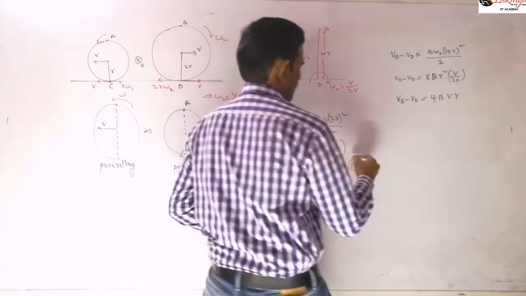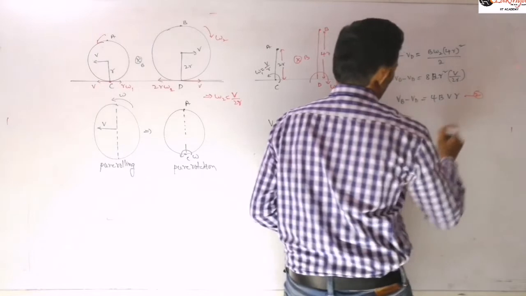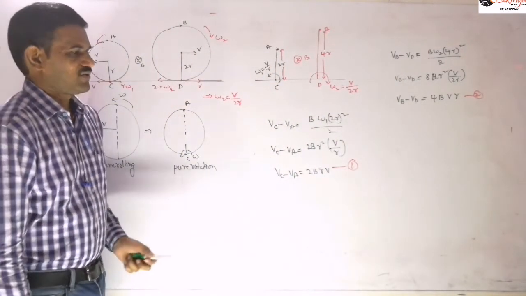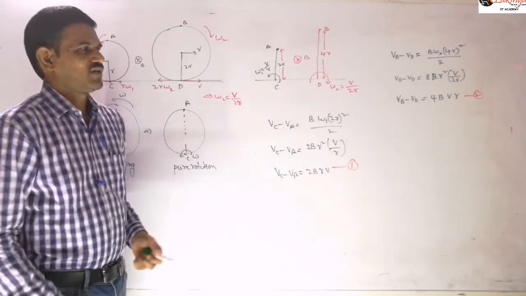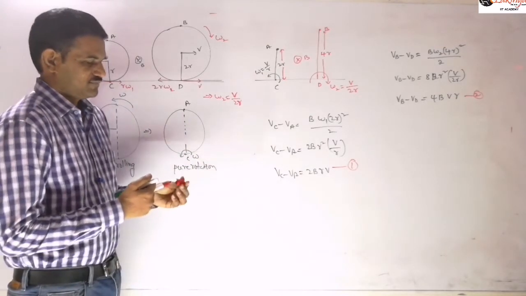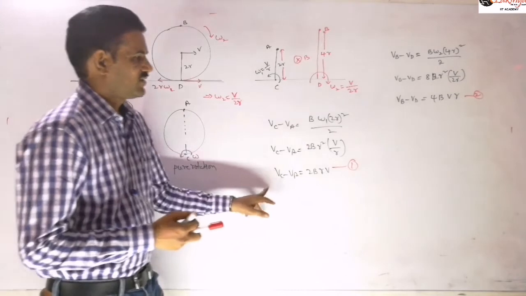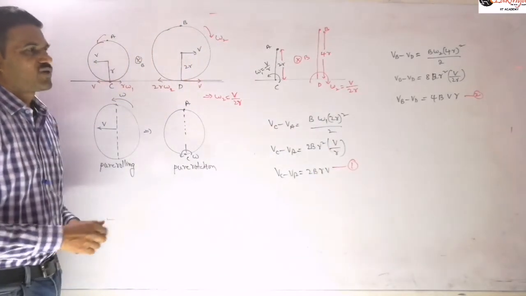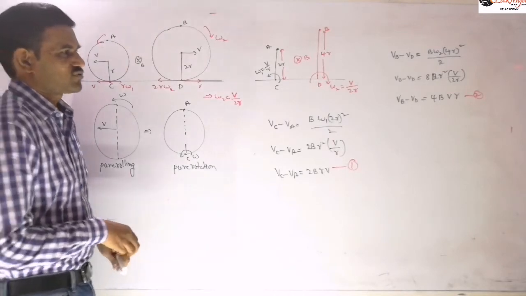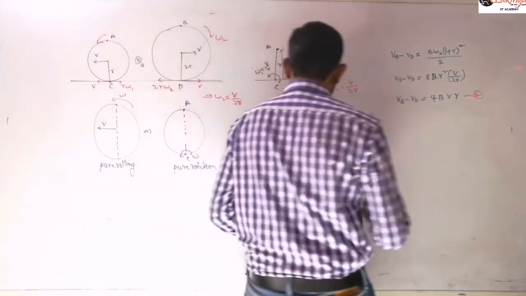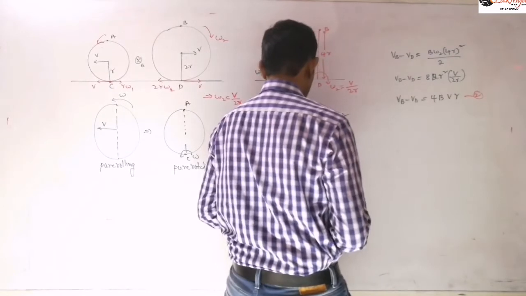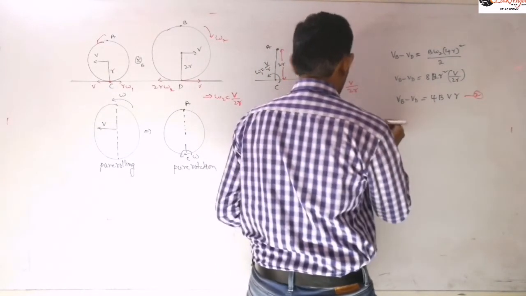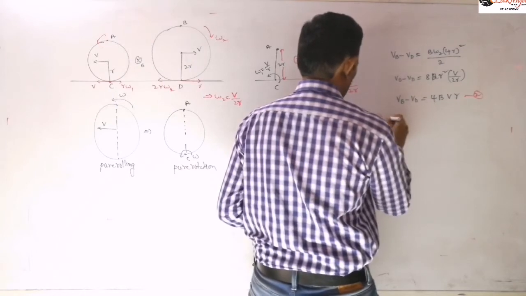Let us take these as equation 1 and equation 2. Alright, now you need to find the potential difference between A and B. So you can find it from these two equations. I am adding those two equations, equation 1 plus equation 2.